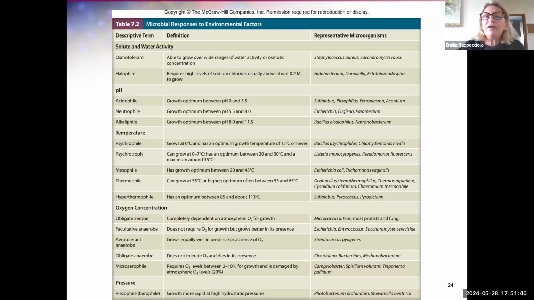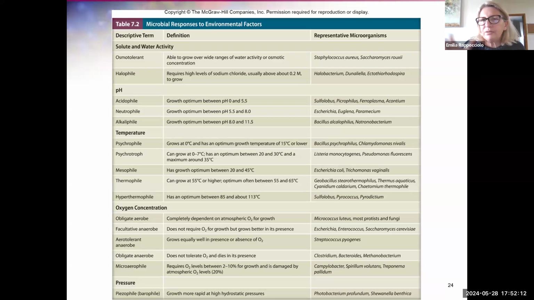The psychrophiles need quite low temperature. They require low temperature, below 10 degrees Celsius. Psychrotrophs, they like cool temperature, not cold, cool. Zero might be hard for them, but ideally it is below 20, yeah.